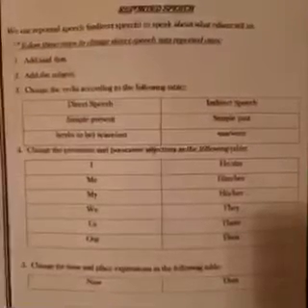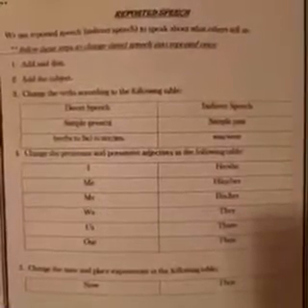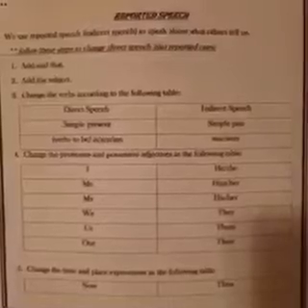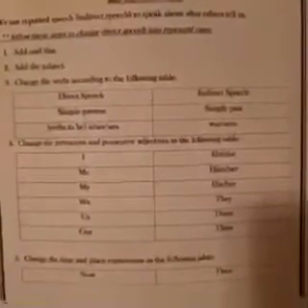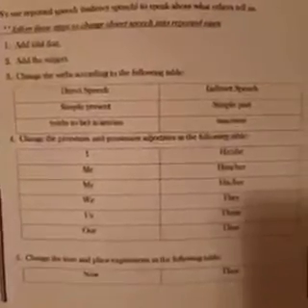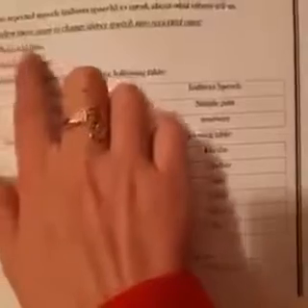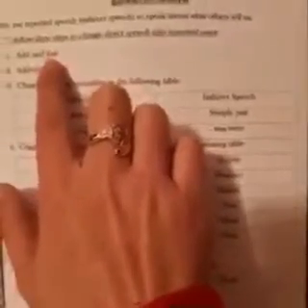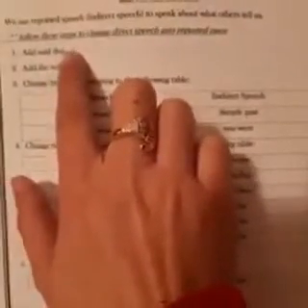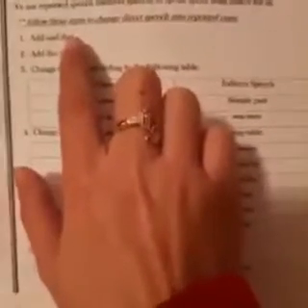So we said that we use reported speech and direct speech to speak about what others tell us, and we have some steps we have to follow. The steps سادس, let me remind you of them. I told you to add said that when you change the statement or the sentence from direct speech or direct dialogue.